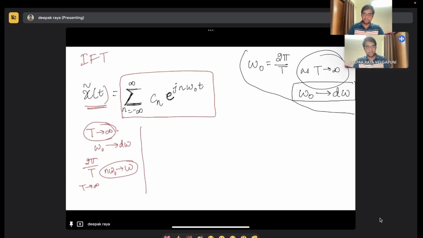Here we are summing across n equal to minus infinity to infinity, but now it is a continuous signal. So the sum is replaced by an integral from minus infinity to infinity. We have Cn.